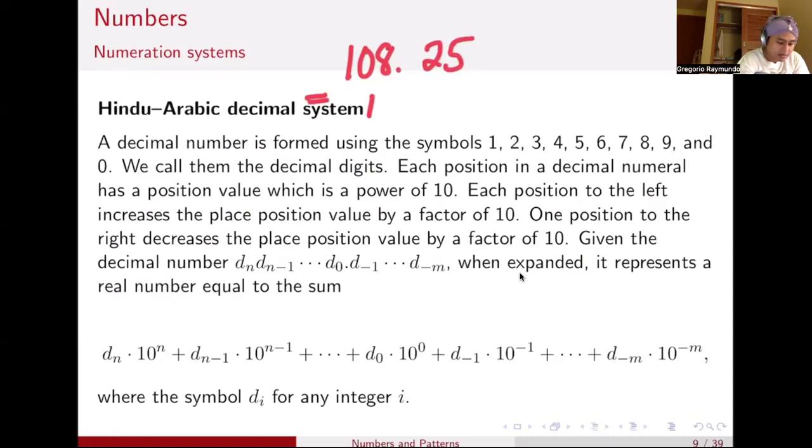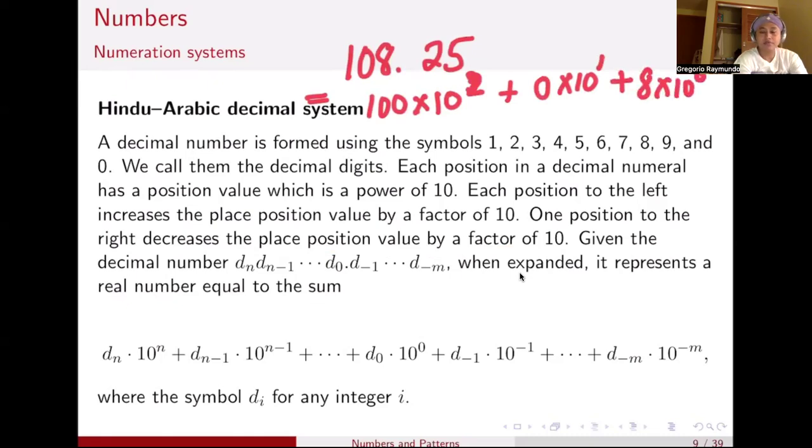Pareho lang ito sa 1 times 10 to the power 2, oh sorry, 1 times 10 to the power 2 plus 0 times 10 to the power 1 plus 8 times 10 to the power 0 plus 2 times 10 to the power negative 1 plus 5 times 10 to the power negative 2.